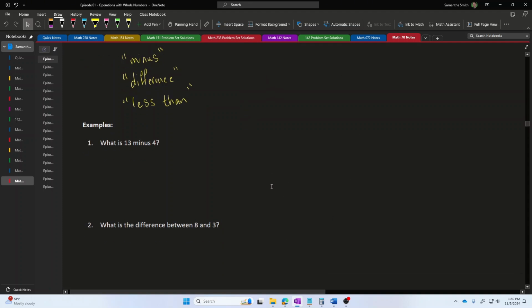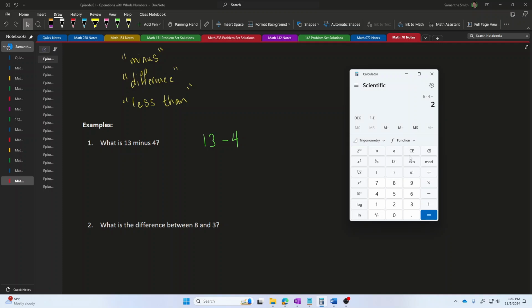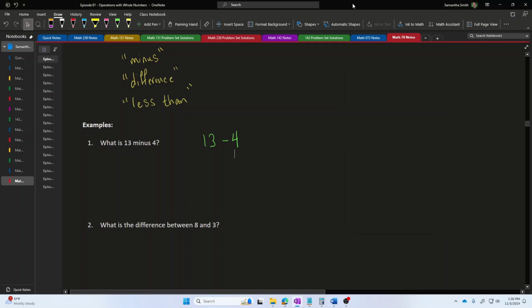So for example, if someone says, what is 13 minus 4? They're asking you to take a pile of 13 objects and remove 4 of those objects. So in the calculator, for example, I could type in 13 minus 4 equals sign, result 9.